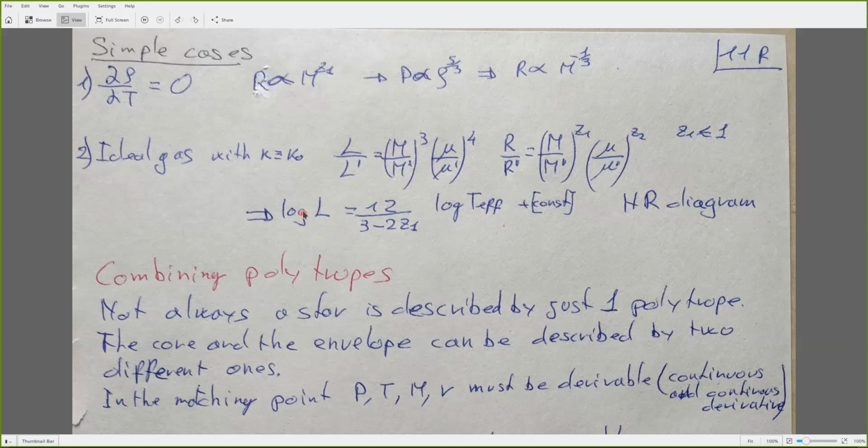We see the logarithm of the luminosity, which, as you remember, in magnitude is proportional to the logarithm of the effective temperature plus a constant, that is exactly the HR diagram. So this homology relation can also give us a result: there is a meaning in the HR diagram given by the stellar structure equations. That means that all the stars stay in a certain position.